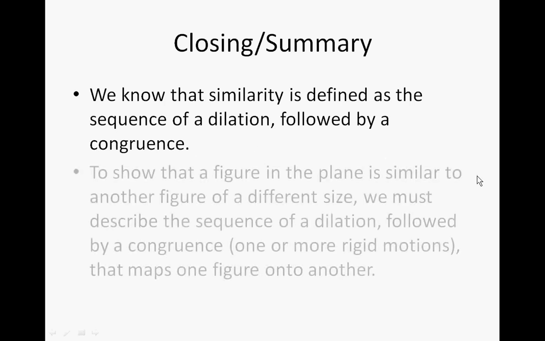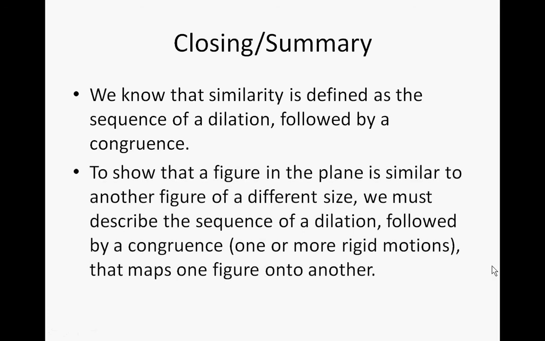And last but not least, to show that a figure in a plane is similar to another figure of a different size, we must describe the sequence of a dilation followed by a congruence, one or more rigid motions that maps one figure onto the other. Notice that we always start with dilation first, and then we follow it by a congruence.